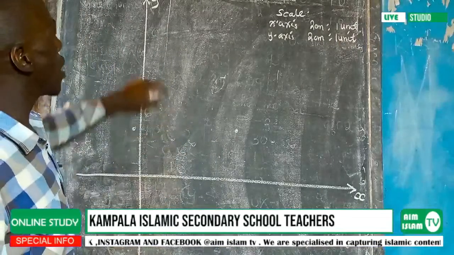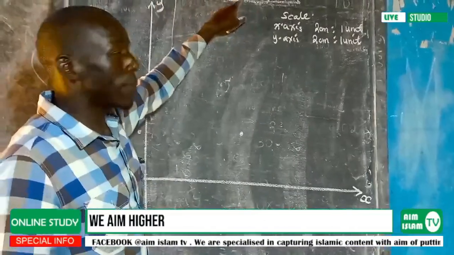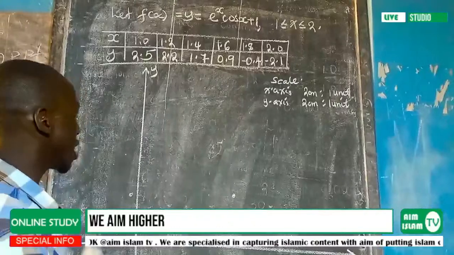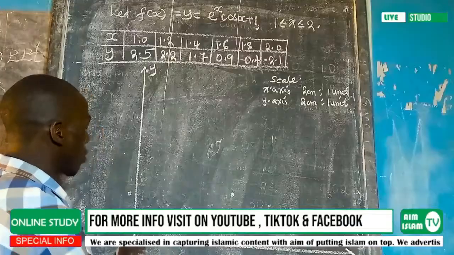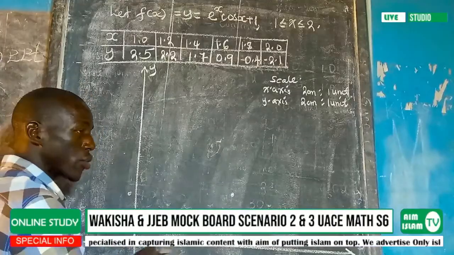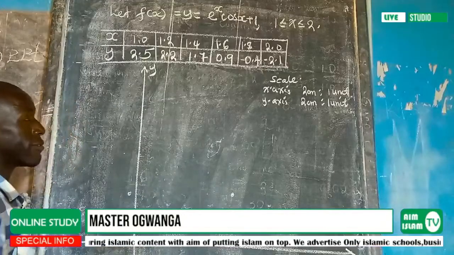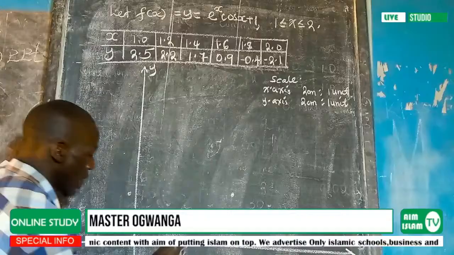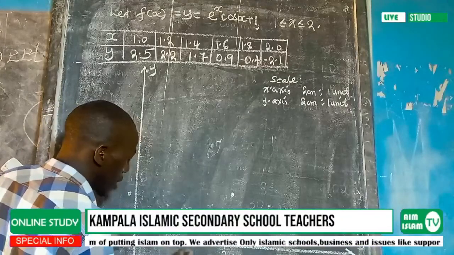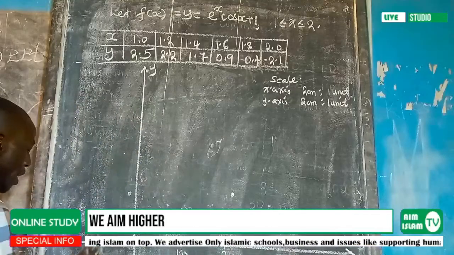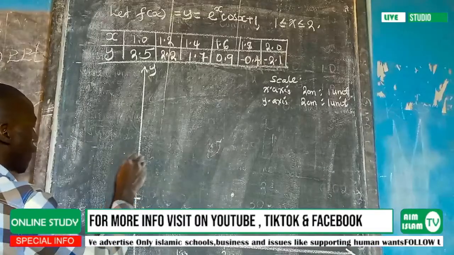The reason we are doing so is to ensure that values like 1.2 and 0.9 will be plotted successfully. Because 1 unit represents 2 centimeters, meaning we are accounting for 10 small boxes, whereby each small box accounts for 0.1. So I'm going to have 1, 2, then 0.0, and also negative 1.0.